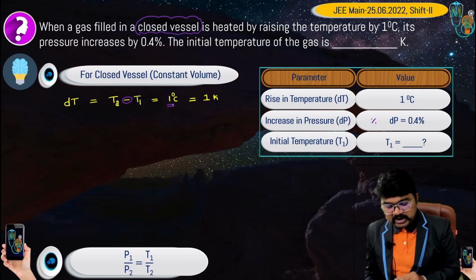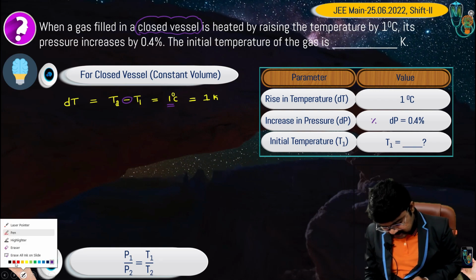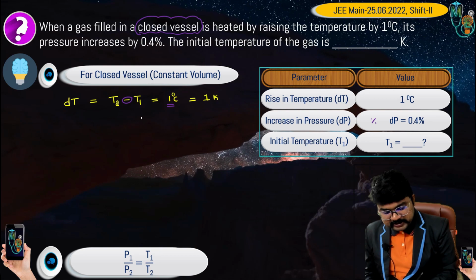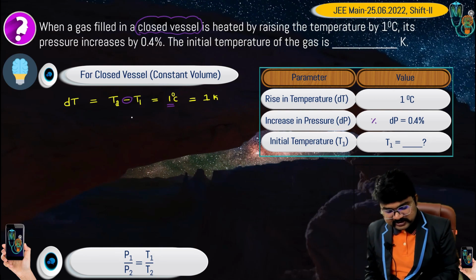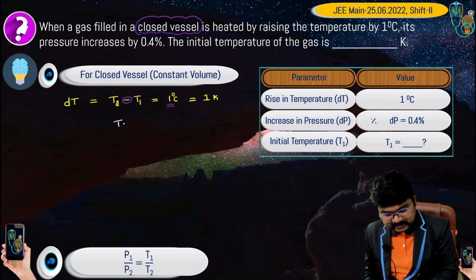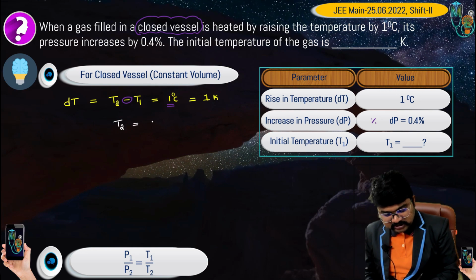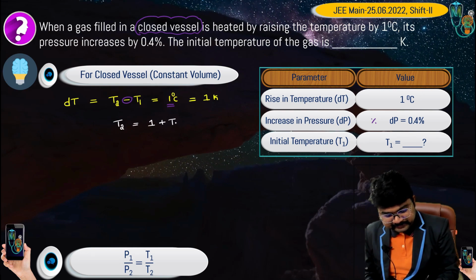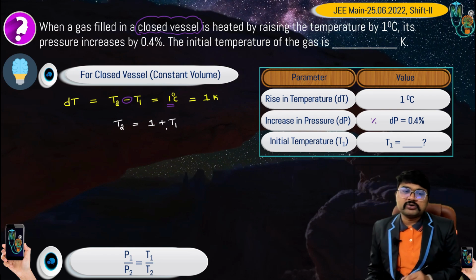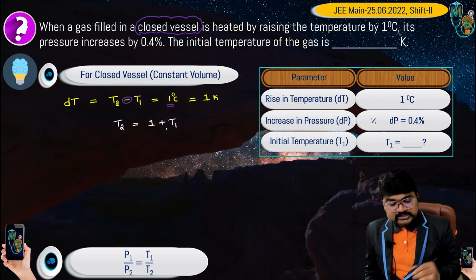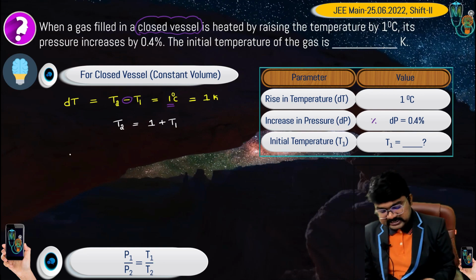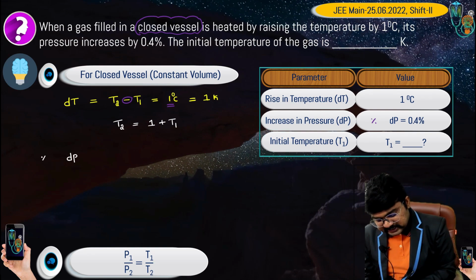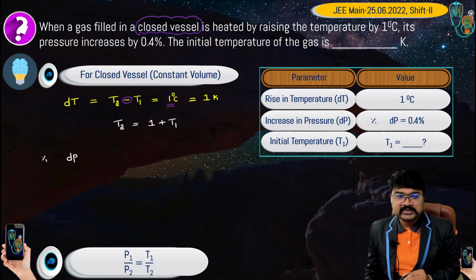So now here I can say that this would be the temperature difference. Here I want to write T2 in terms of T1: T2 equals T1 plus 1. So what is the percentage increase?